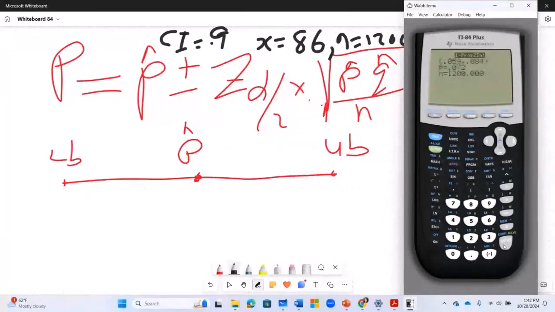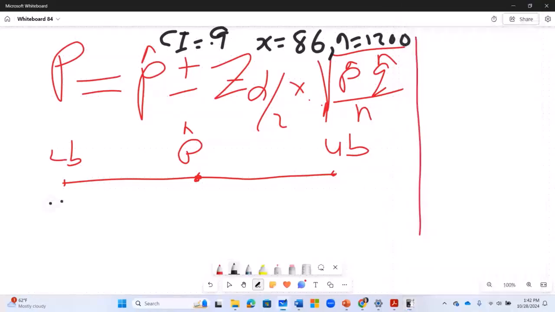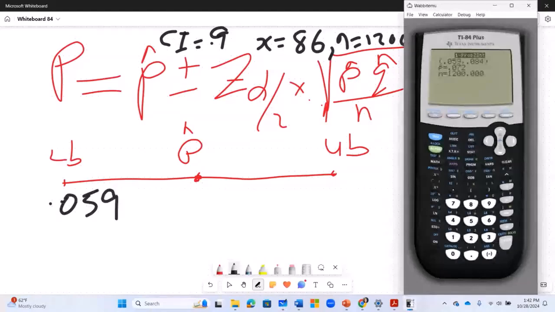It actually has given me the lower bound and upper bound of the confidence interval. The lower bound is 0.059, sorry, 0.69, and the upper bound is 0.084, sorry, 0.84.